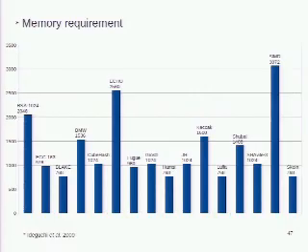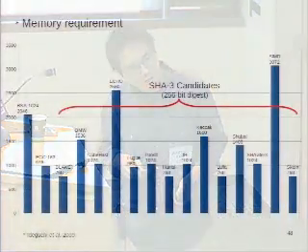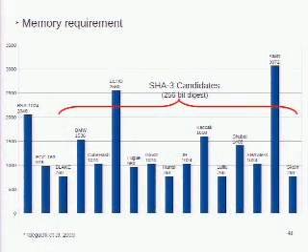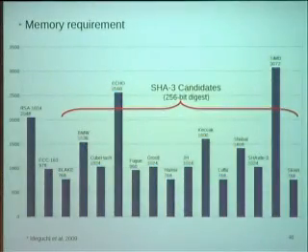Okay, so ECC looks better in this scenario than RSA. So how about hash functions? You can also use a hash function to do authentication and so on. Let's take a look at these SHA-3 candidates. There are still 14 left in the second round. If you look at how many bits they have to store in the memory, it's actually not much less than ECC.